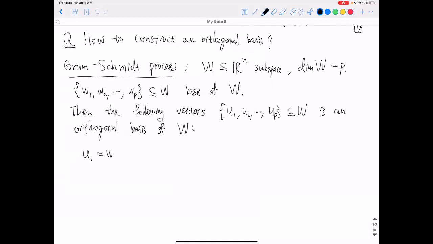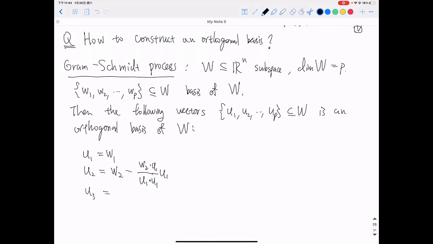U1 is W1. U2 is obtained from W2 by subtracting something: W2 dot U1 over U1 dot U1, times U1.